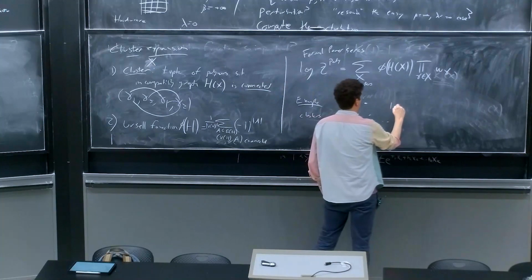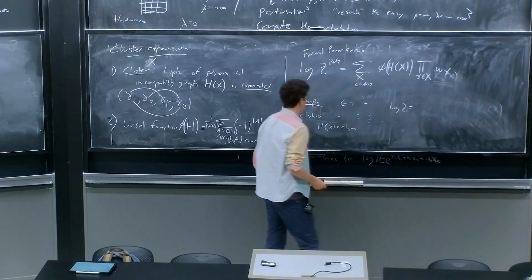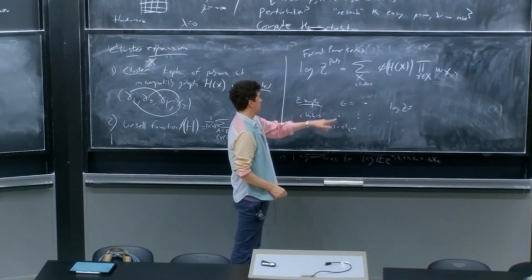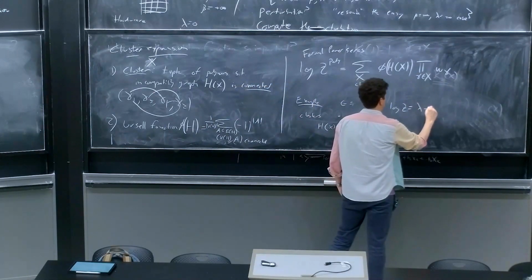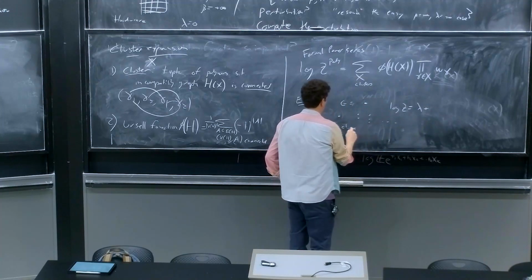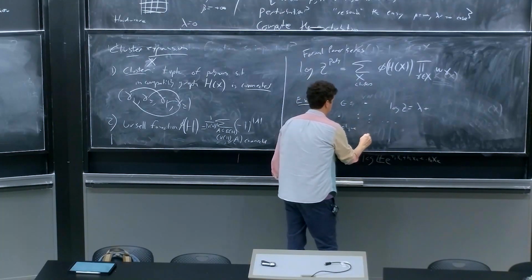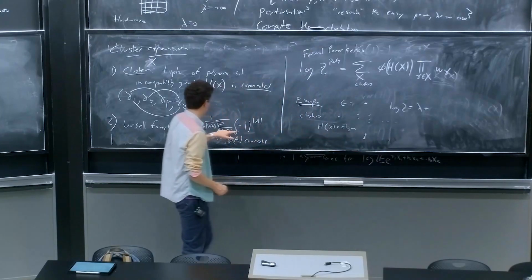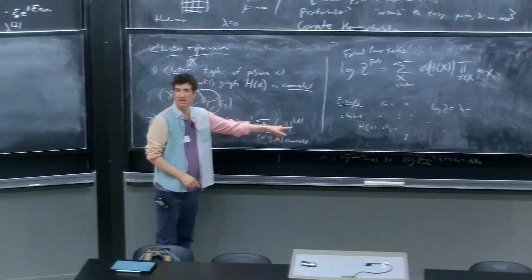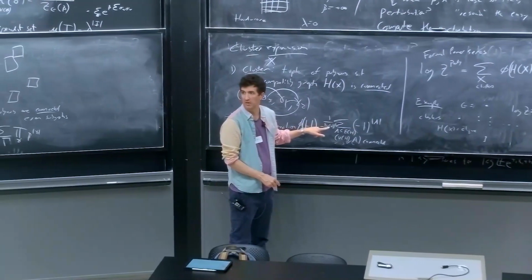Okay. So let's start to do this. So this would say log Z. Well, the first one, you just have 1, so you get lambda. Now you have, here's your graph. There's only one term in here, that one edge with a minus 1, but you have a 1 over 2 out here.